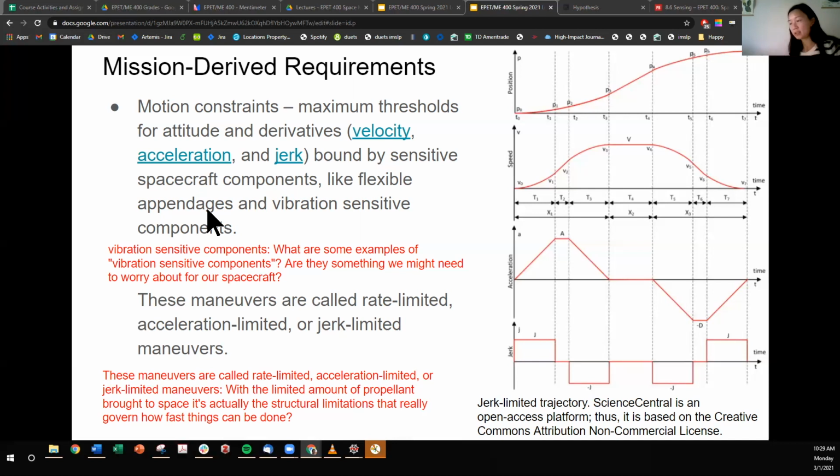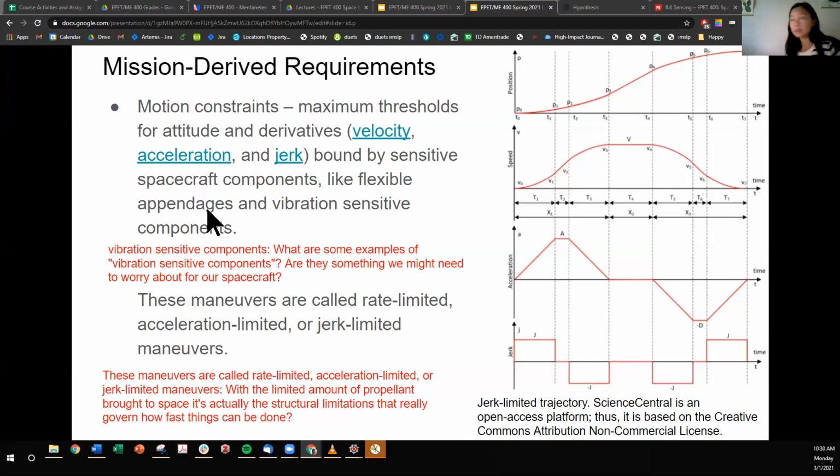Remember, there was a lecture we had for space environment where we talked about impact. So similar ideas here. Vibration-sensitive components don't like a lot of jitter. Vibration can also inspire resonant frequencies that cause a high enough amplitude of oscillation, or high enough energy intensity of oscillation, that you can damage sensitive components on board.